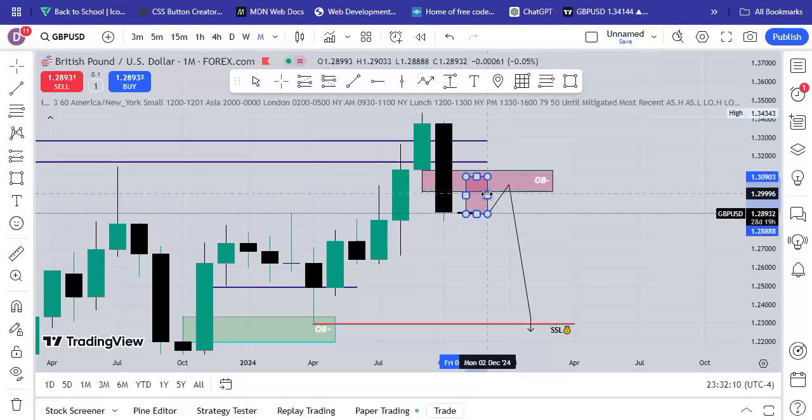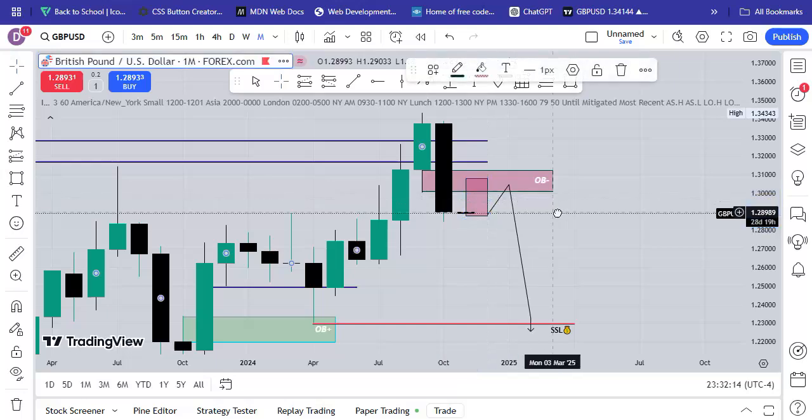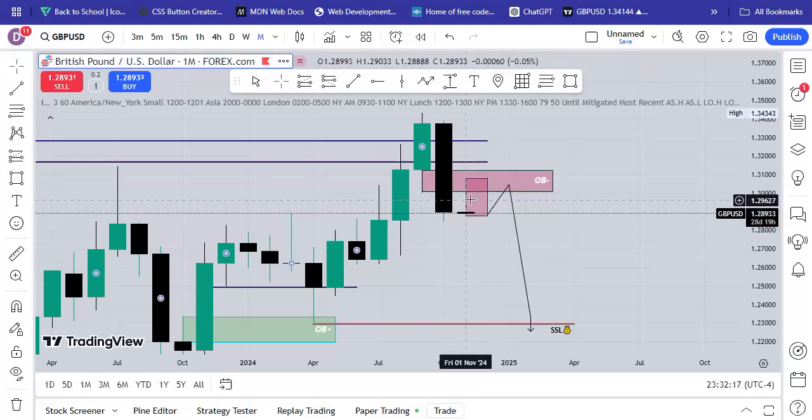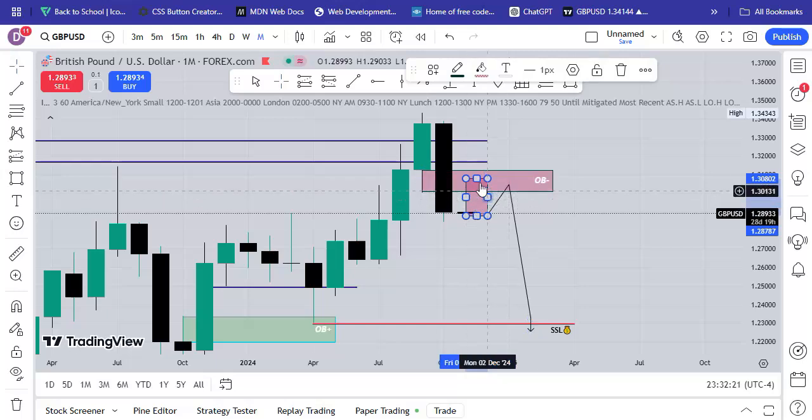Power of 3 is when price opens and then goes up and then drops down. So Power of 3 is accumulation, where price opens and starts going, could be going down, then manipulation, then distribution.